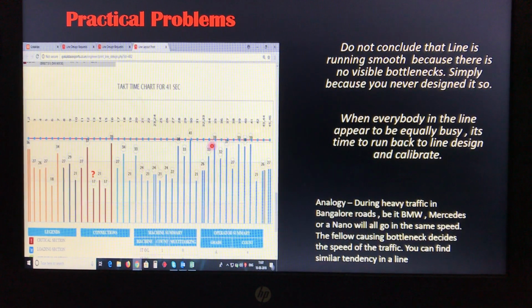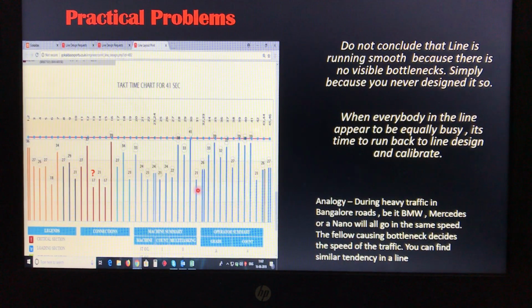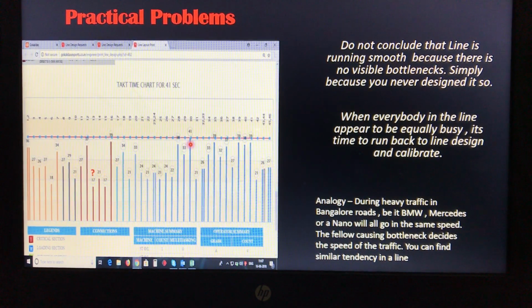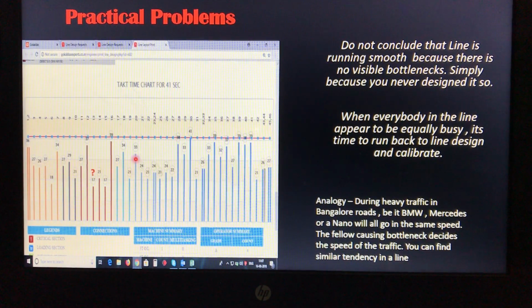There is always a tendency in the line that everybody in the line would align to the speed of the highest SAM or OCT. This operator who's at 41 seconds is the actual person who sets the demand for all the preceding operations before.